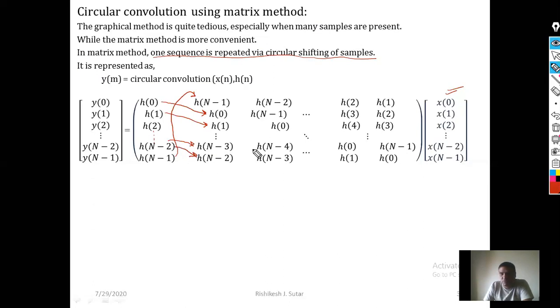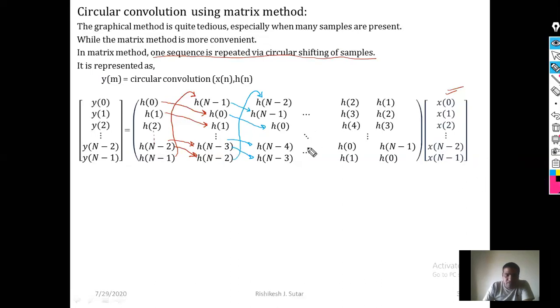Like this I have to go on shifting all the columns. Similarly for the third column, h of n minus 2 I write in the first row, h of n minus 1 in the second row, h of 0 in the third row, h of n minus 4 will come here, h of n minus 3 will come here.